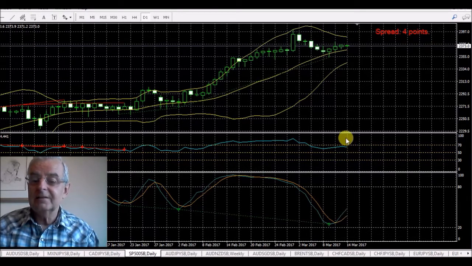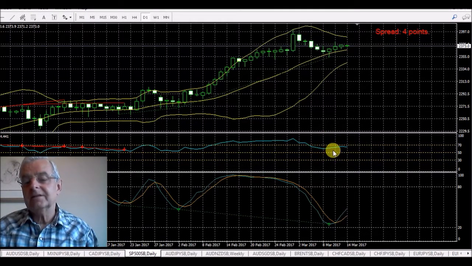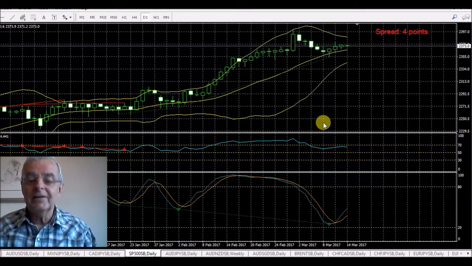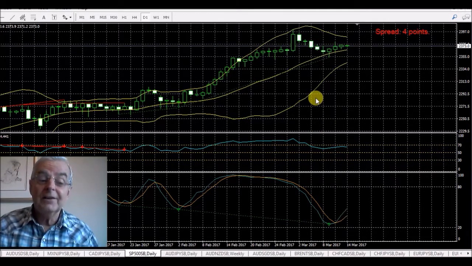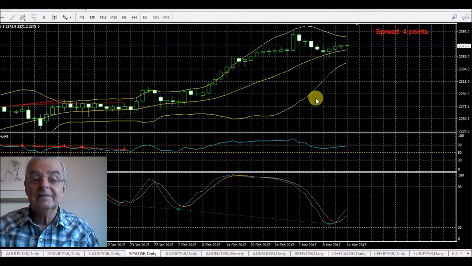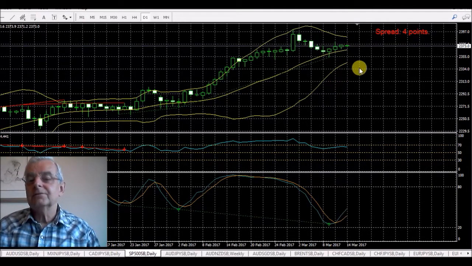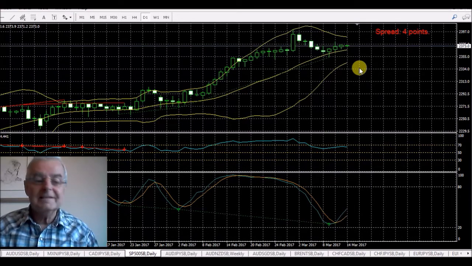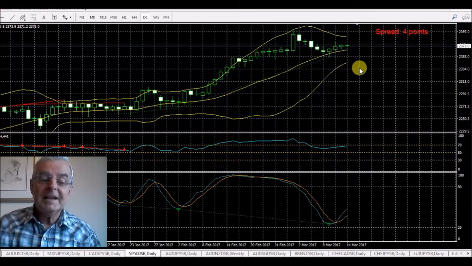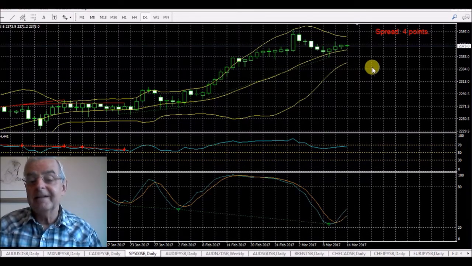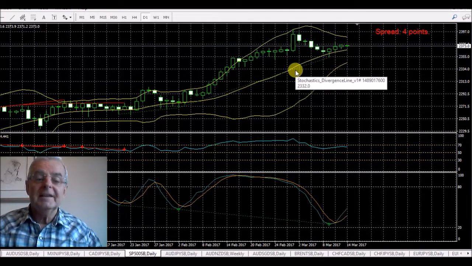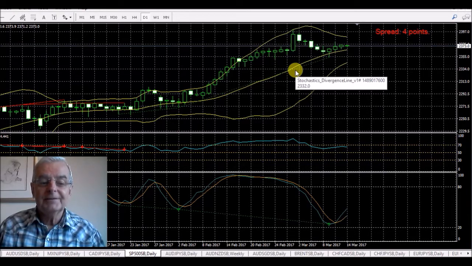In all fairness, it is a fairly flat line, but the RSI is actually in a short position, which is quite good. So we're looking for that to short again, and if the S&P shorts again, a good short, it might start a sell-off. So we'll see how that goes.